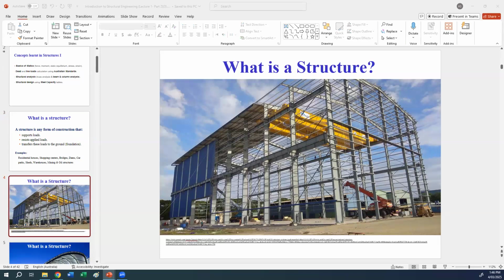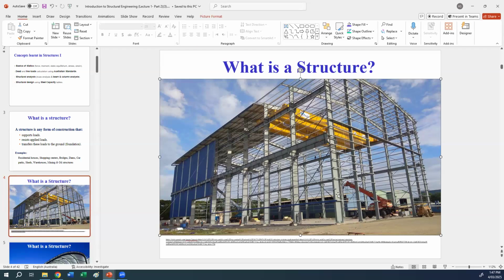We have also purlins, these are purlins here at the top. We have also some diagonal bracing, as you can see. And under the group of columns, you have the foundation. As you can see, it is like a mat foundation. So structure design means finding a suitable cross section for each member.